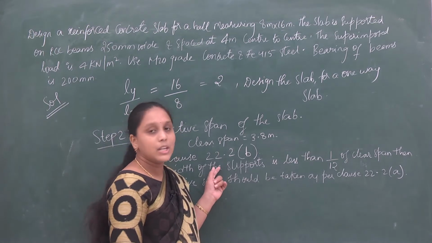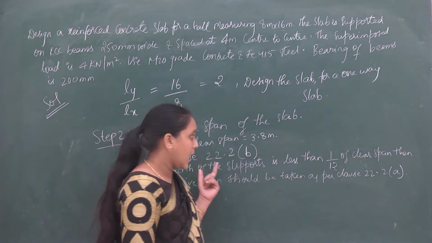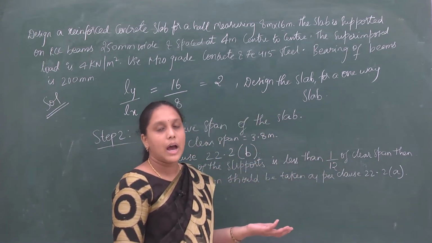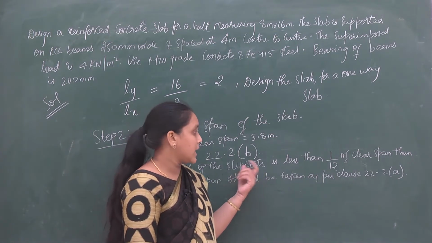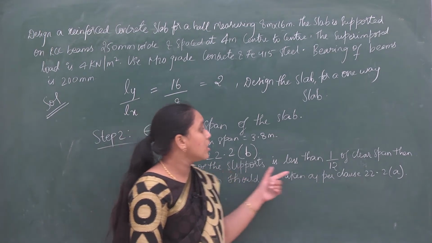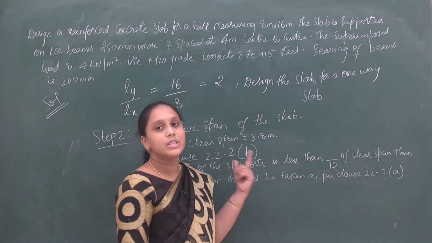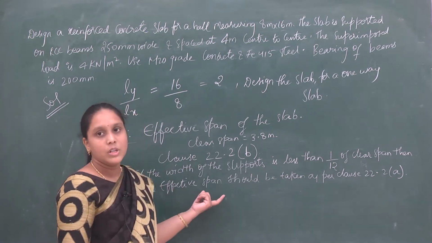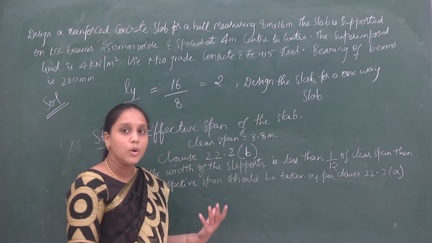If the width of the supports is greater than 1 by 12 of the clear span, we have another condition, which is given in the same clause 22.2. So based on whether the width of the support is less or greater, the formulas for calculating the effective span are going to change.